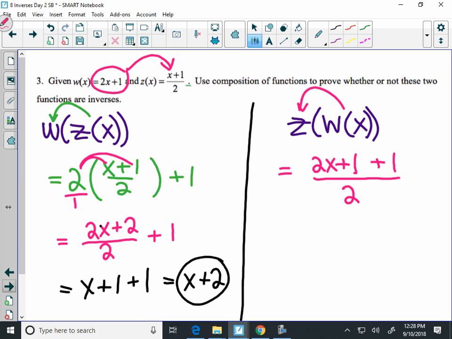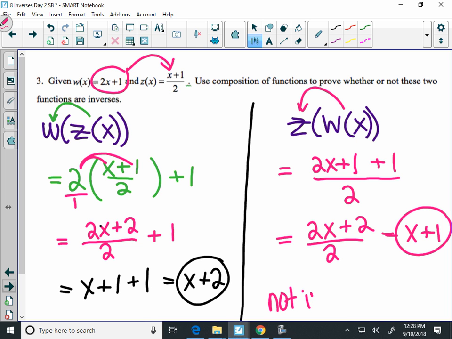Well, what does the numerator simplify to be? 2x plus 2 over 2. Right? 2x over 2 is x. 2 over 2 is 1. All right, well, would you say that these two are inverses? No. All right, so these are not inverses.